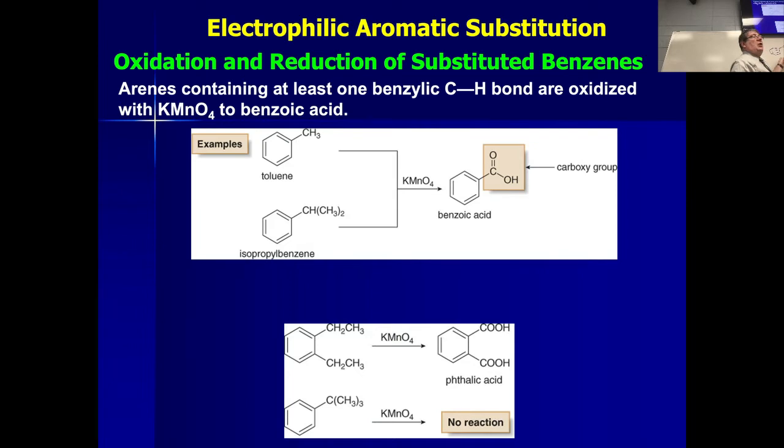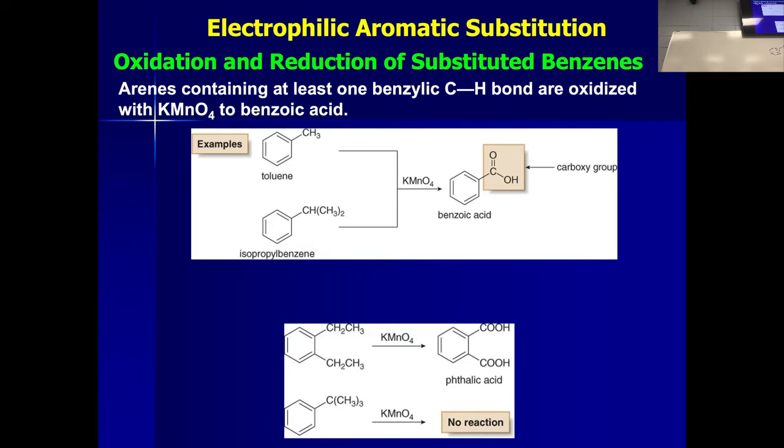Toluene is the common name, but you could also name it methylbenzene. If you look at this carbon that is directly attached to the aromatic ring, this carbon is called a benzylic carbon atom. Any carbon atom directly attached to a benzene ring is called a benzylic carbon atom. And they have special reactivity.